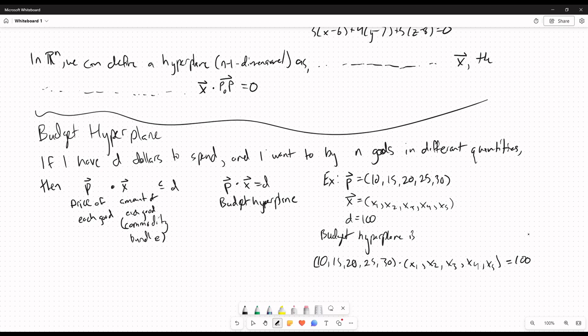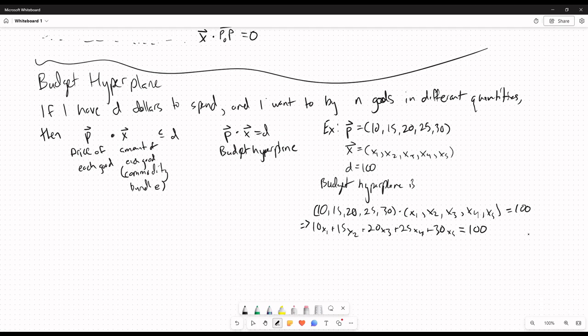And we can rewrite this as 10x1 plus 15x2 plus 20x3 plus 25x4 plus 30x5 equals 100. Basically what it's saying is, as long as I have a set of positive values x1 through x5 that satisfy this equation, I can afford to buy that combination of goods at the given price vector.